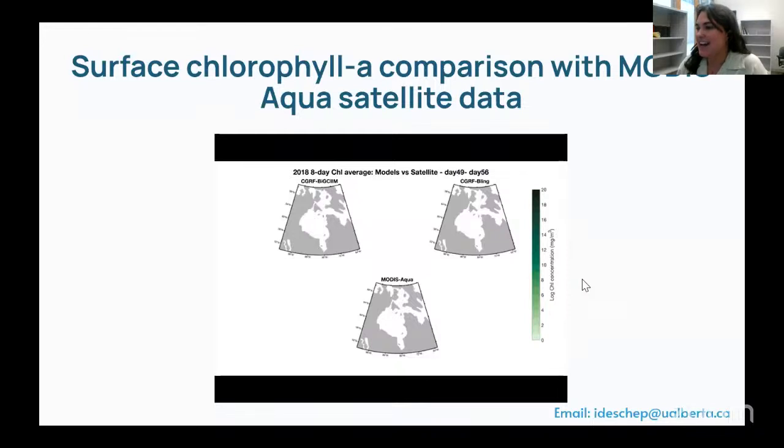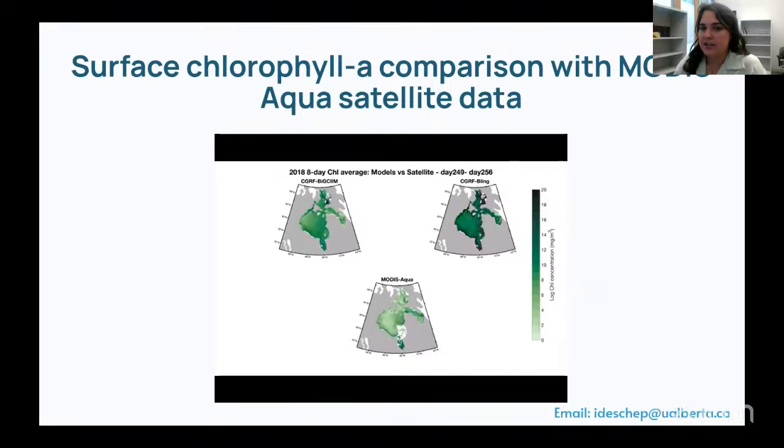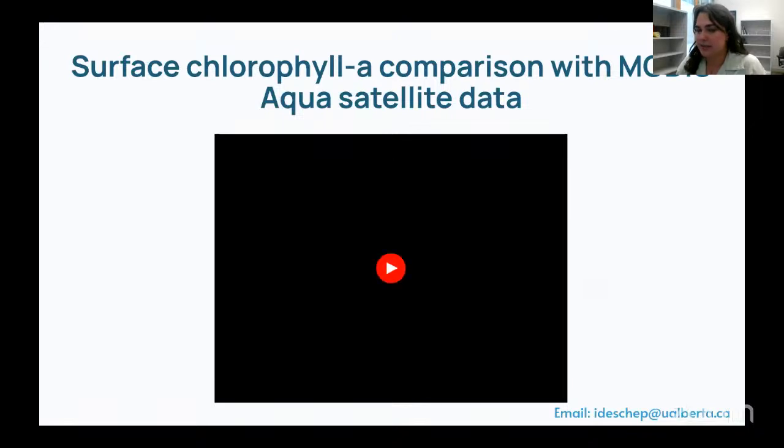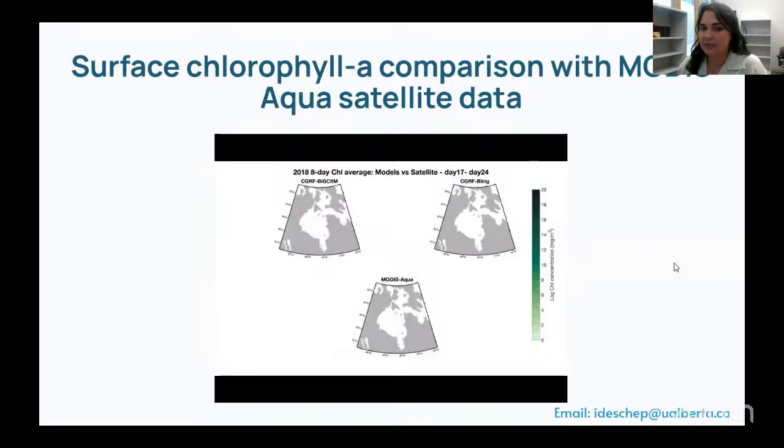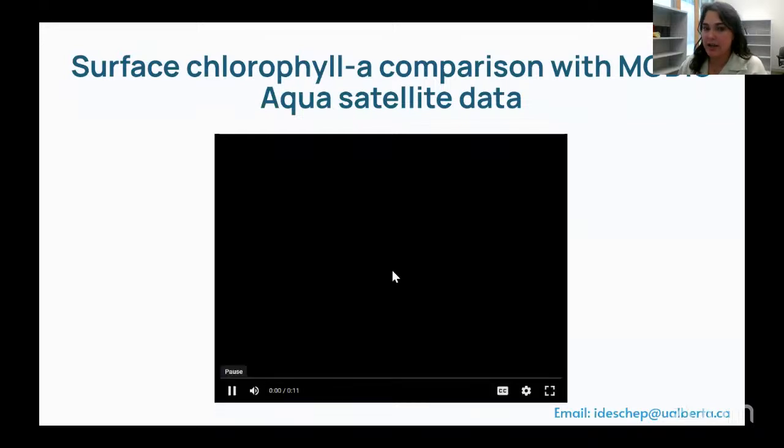It's kind of short. BLING is on the right, and then on the bottom we have comparisons with the MODIS Aqua satellite data. With the satellite data, we can see that the chlorophyll A shows this similar melt and freeze pattern. The white area is basically showing sea ice. There's some delays in the models compared with the satellite data, but they show a very similar seasonal pattern.